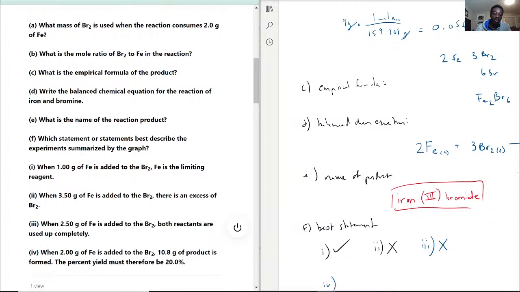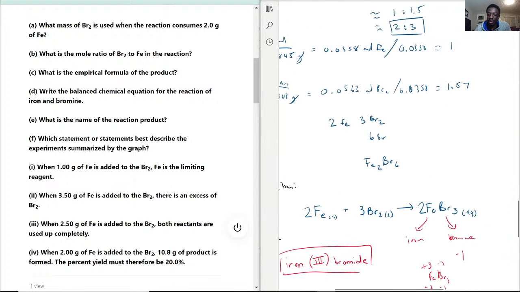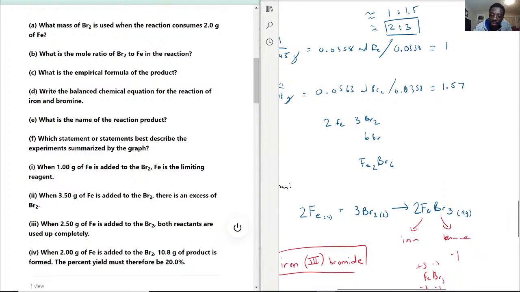So 2 grams of iron, as we saw here, was this many moles. Using this formula here, we see that it's a 1-to-1 ratio. So we would actually get the same 0.0358 moles of this.